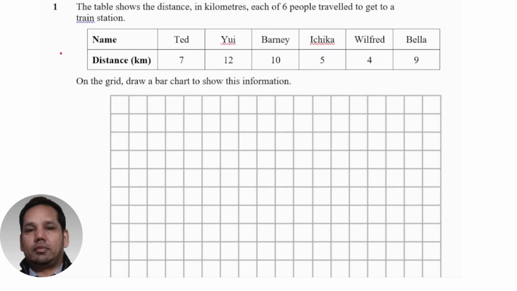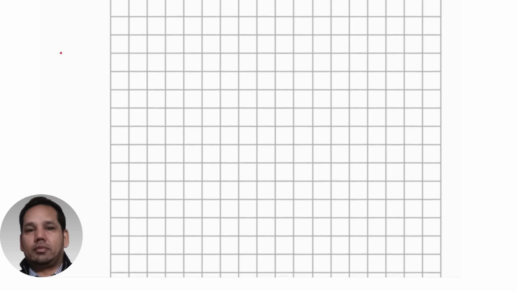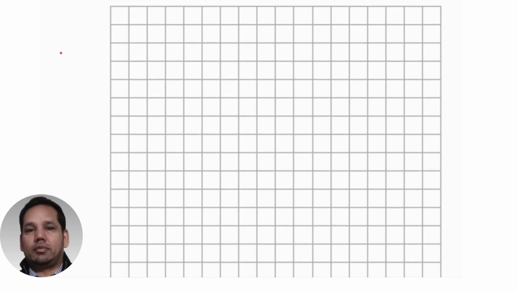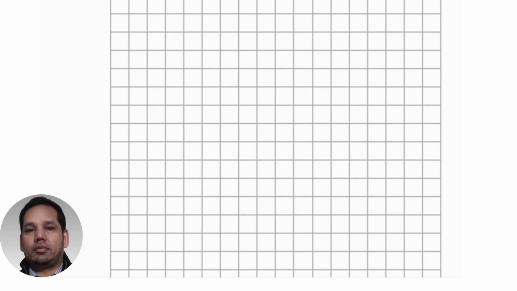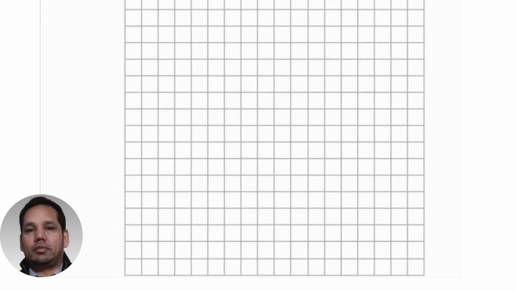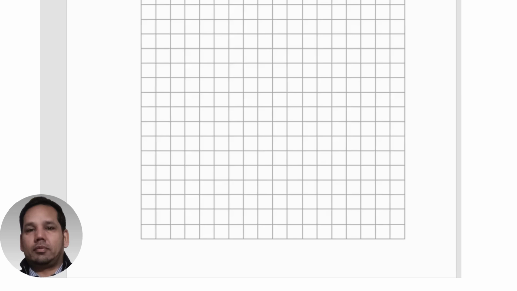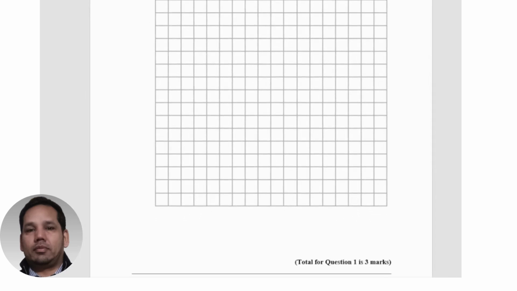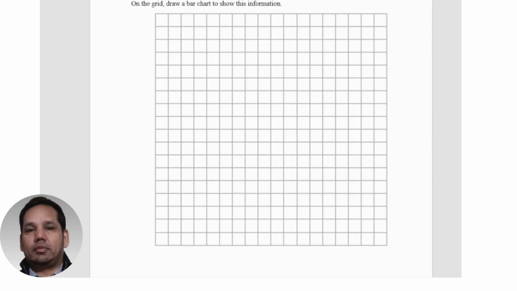Okay, how are we going to show this information? So we need to put the numbers over there. Let's make it a little bit smaller so we can see everything in one page. So we need to number these ones.